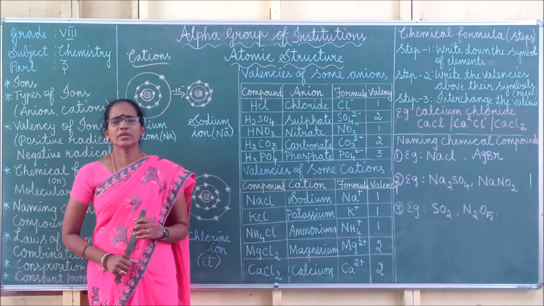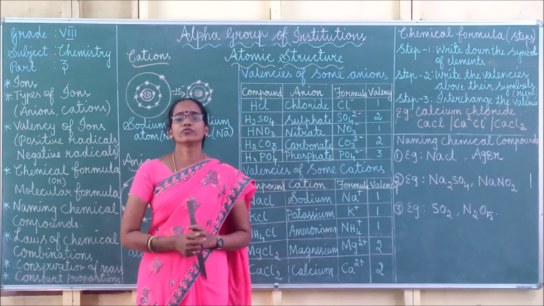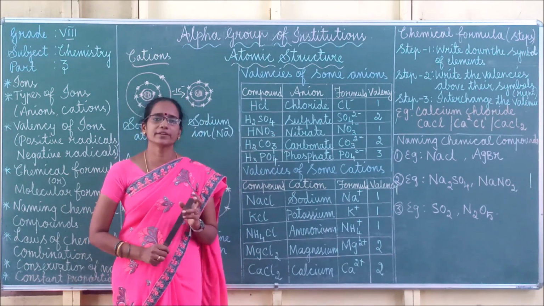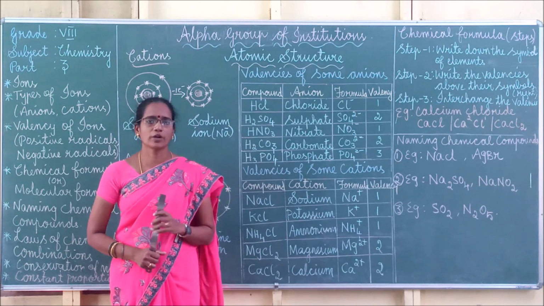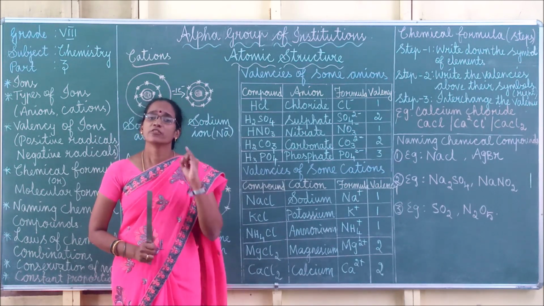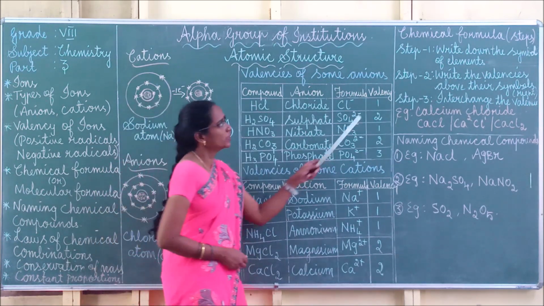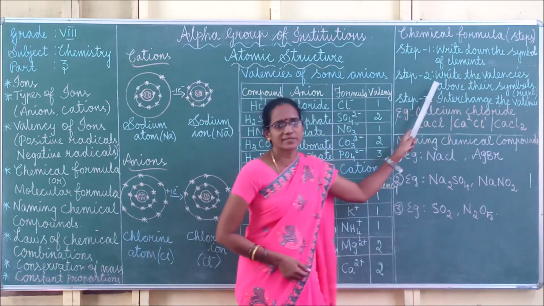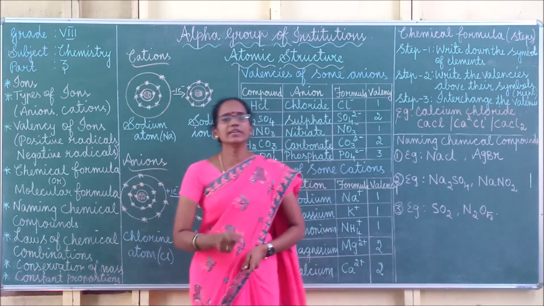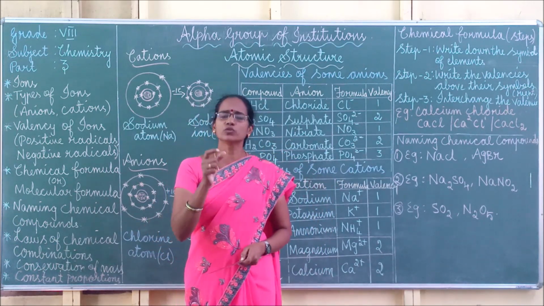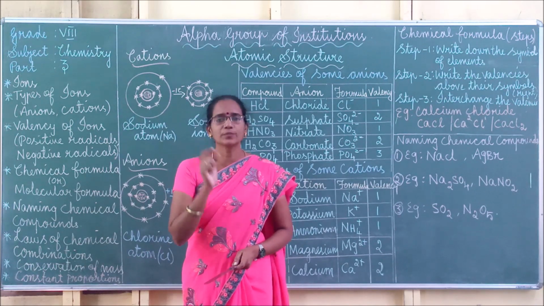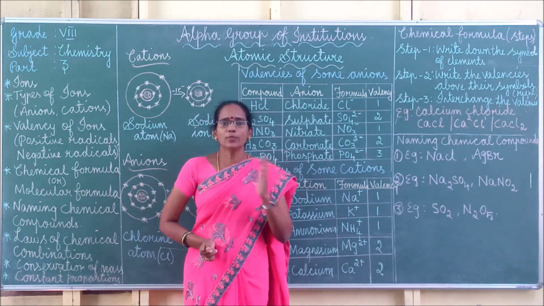While writing the chemical formula, we have to follow some steps. 3 steps are very important. What are the 3 steps? Step 1 is to write down the symbol of elements. An element will be given to you, so you have to write down the symbols side by side.